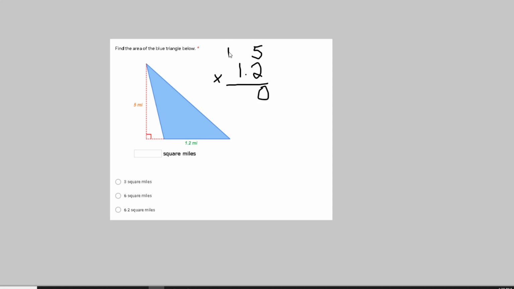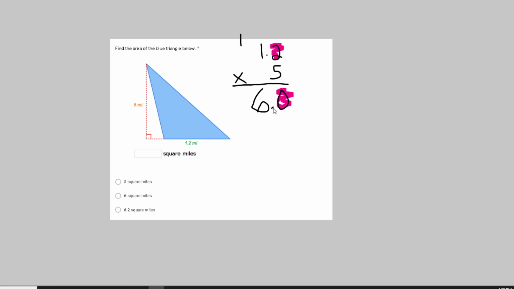Carry over the 1. Let's do it like this. 2 times 5 is 10. Carry over the 1. 1 times 5 is 5, plus the 1, 6. And then we know that we have 1 decimal place, so we need 1 decimal place here.